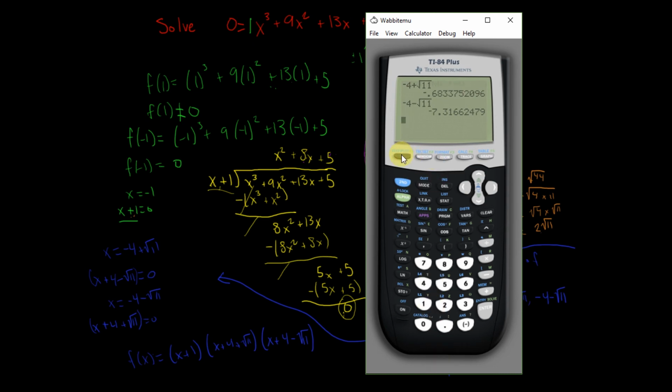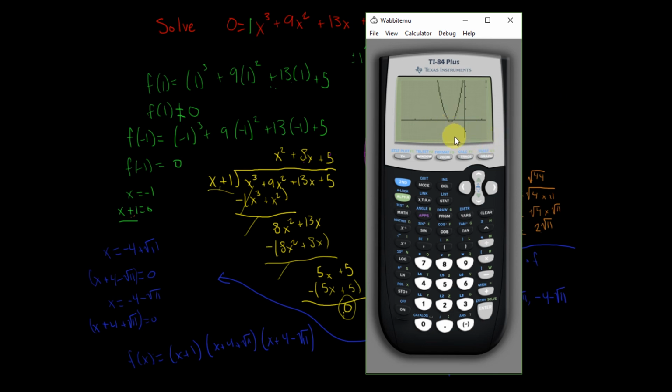So if we go to the graph now, let's do second function, calculate the zeros of this. So here's one. Actually, we're going to zoom in as well, because this is very hard to see.